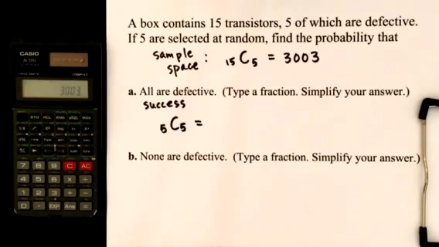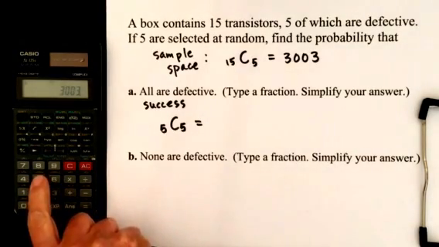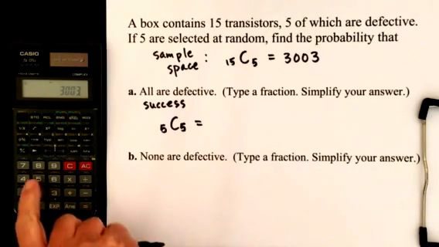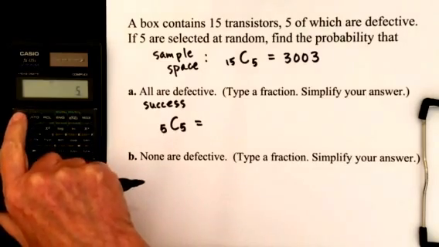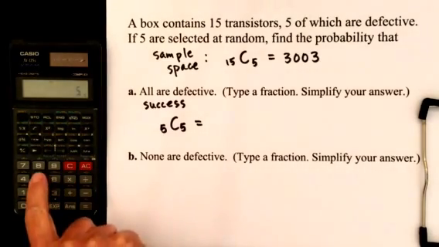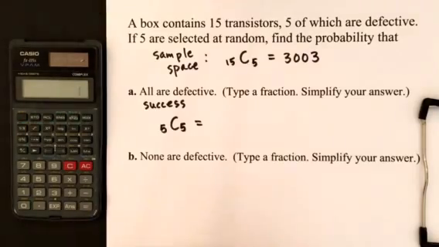I have 5 defective, and I select all 5 of the defective. The answer to that is 1. There's only one way I would select all 5 of the defective ones. If you're not sure about that, you can type it in the calculator, 5 NCR 5, press equals, and I got the number 1.